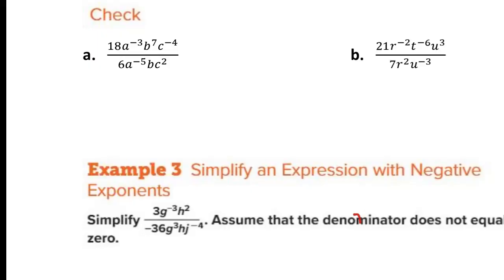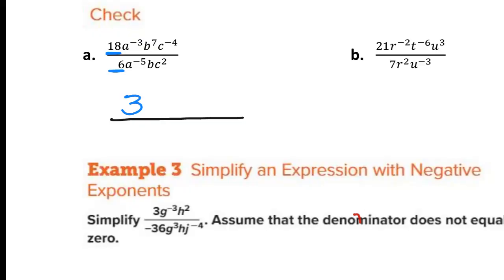All right. So I am going to look at each of these individually. First up, 18 divided by 6. What is 18 divided by 6? 3. 18 divided by 6 is 3. And I know I'm going to have some kind of line here, so 3 is going to go on top. If I wanted, I could put the 1 on the bottom. I'm not going to do that right now, though.